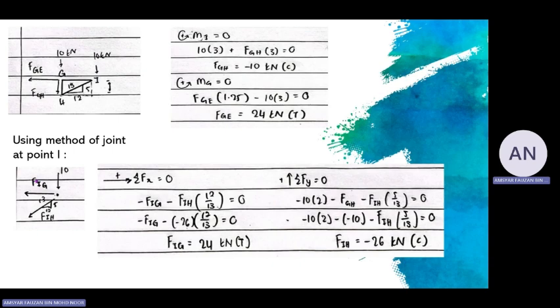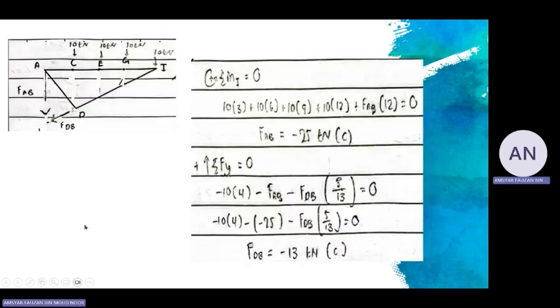So we focus at point I. By using the method of joint, we focus at point I. We use the Fx formula and Fy formula. We assume if the force is going to the right, it is a positive value, and if the force is going to the left, it is a negative value. This applies to the horizontal force, and the total of Fx direction is equal to 0. We see at the free body diagram at point I, force IG is going to the left side, so that means it's negative.